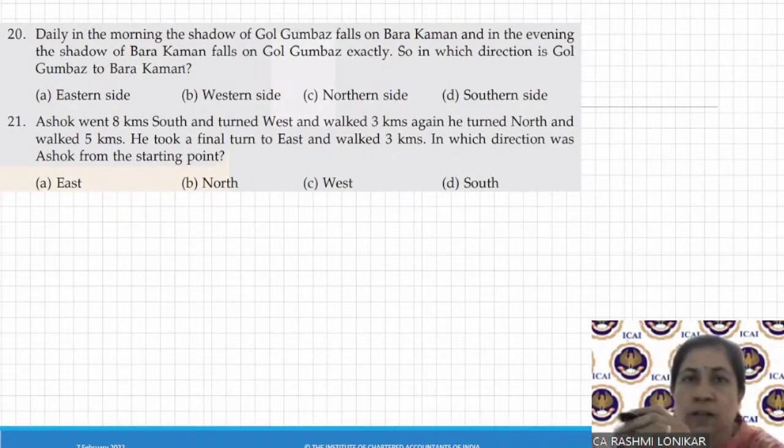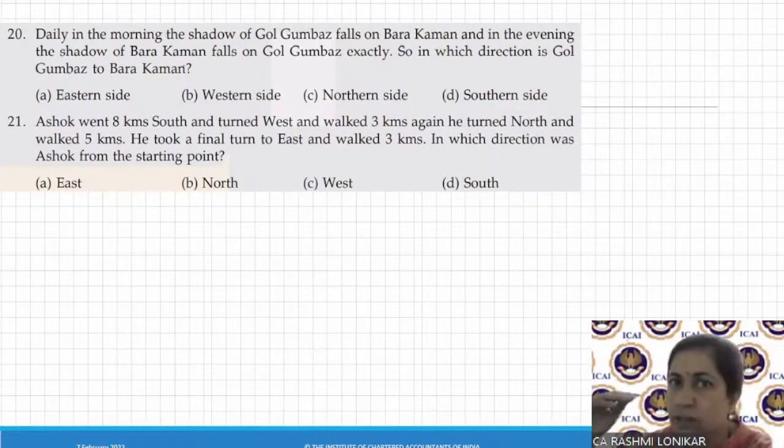Gol Gumbaz is a historical monument and Bara Kaman is also a historical monument. So these are two buildings. Now the shadow of one falls on the other. So that means they must be in the east-west direction.